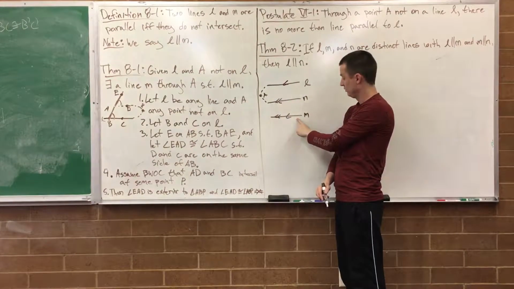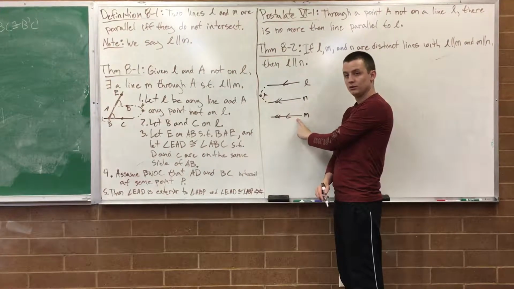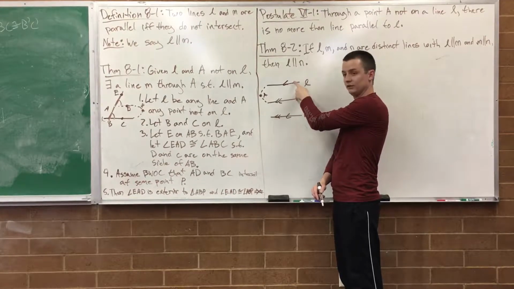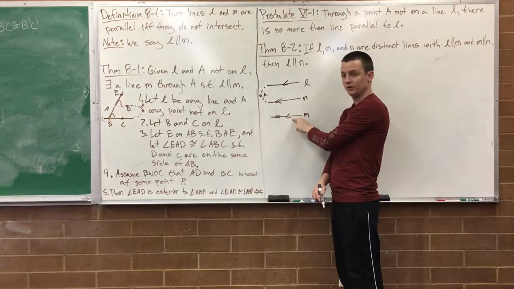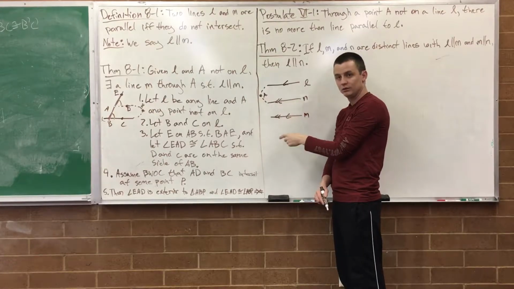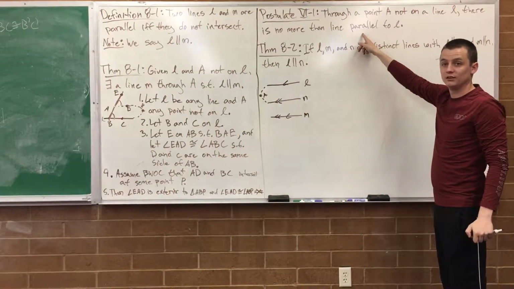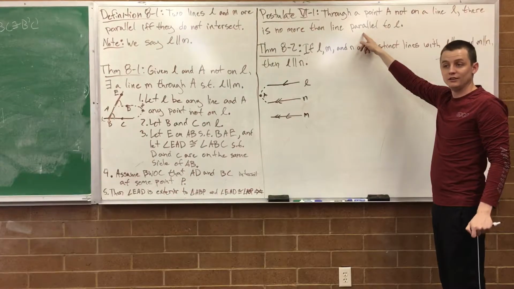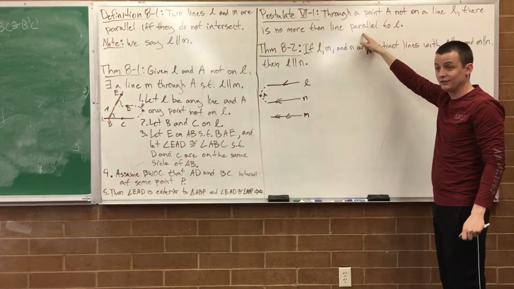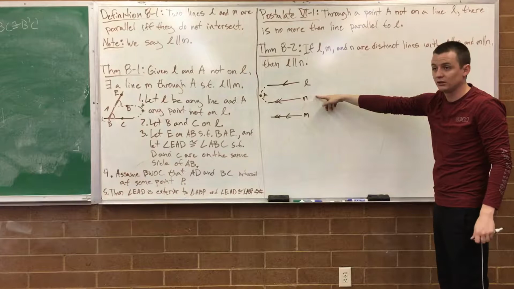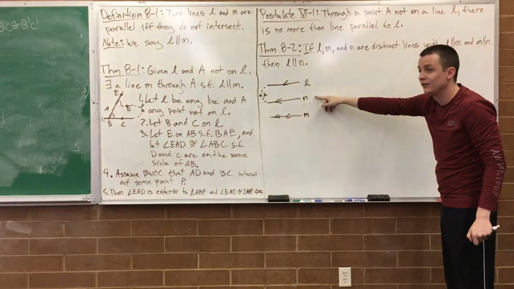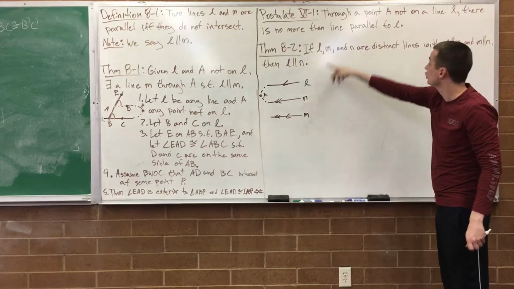Parallel to M. Two different lines, parallel to M, go through the same point. Do you see it? Why doesn't that work? Because you can only have one.